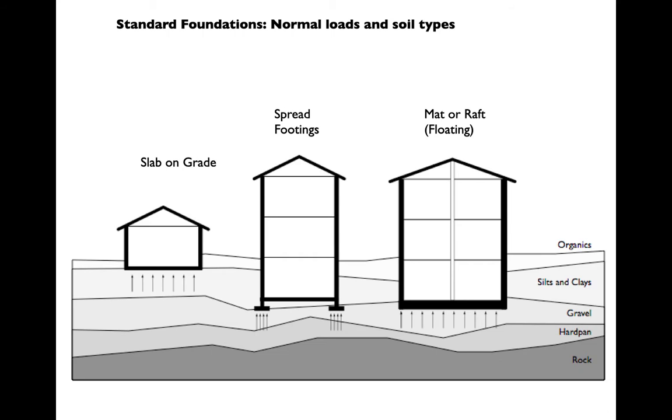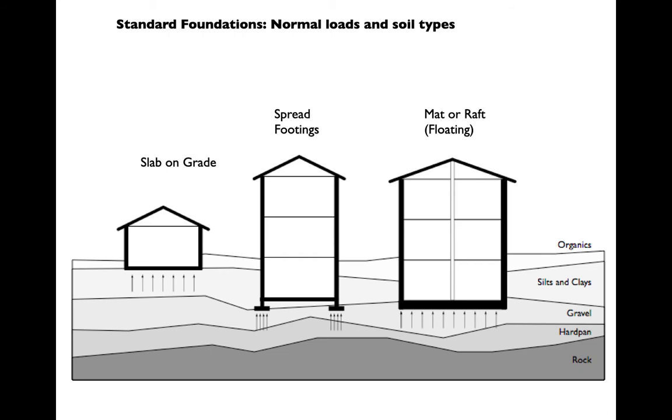If we're putting a one-story building on the ground, do a little thought experiment: you can stack most of the things that would go into a building, people, furniture, boxes. If you just put those outside on your front yard, the soil will support them. And so if we have a one-story building, our foundations can be really simple. All we're trying to do basically is take our live loads, the dead load of the building, and put it on top of a soil stratum that can handle it.